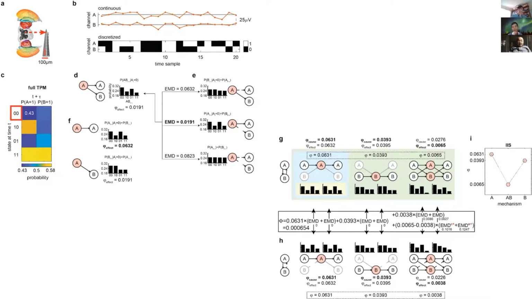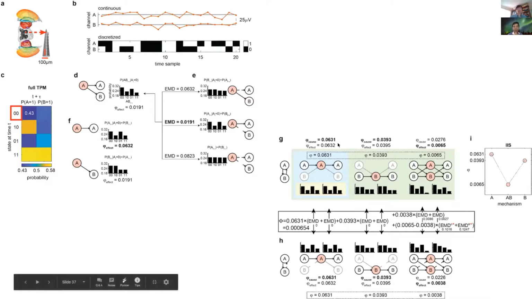I'll stop here. Okay. And Mohammed asked a question: how much does the way we decide the method of binarization affect the big phi? Angus, do you have a slide for that discussion? No, but I think Ariel basically gave the response.